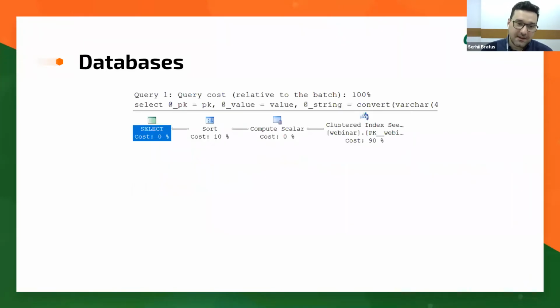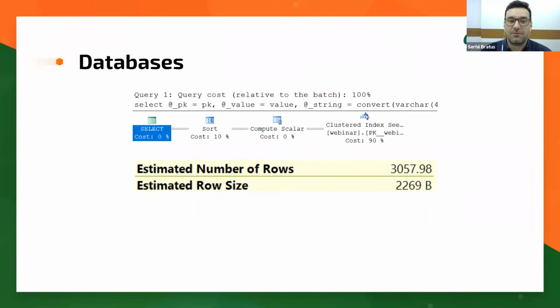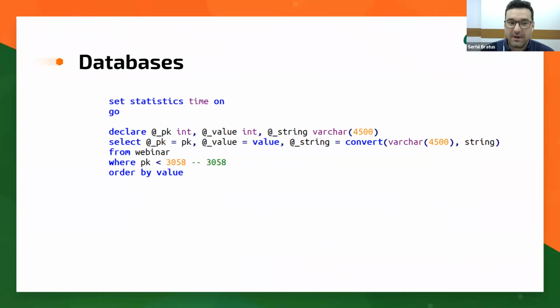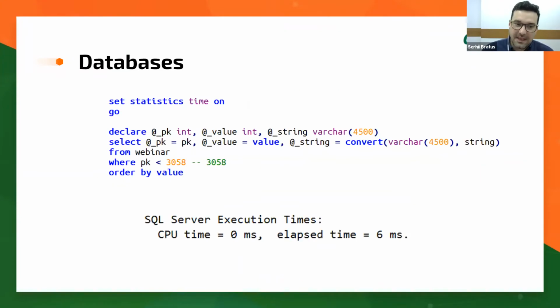And if we check, the sort looks fine, no exclamation point, which means that it'll run in memory. When we checked the estimated row size, it grew just a little bit, enough to hold the data. And when we execute this, it goes back to 6 milliseconds, which is fine for us, and we don't have tail latency anymore.